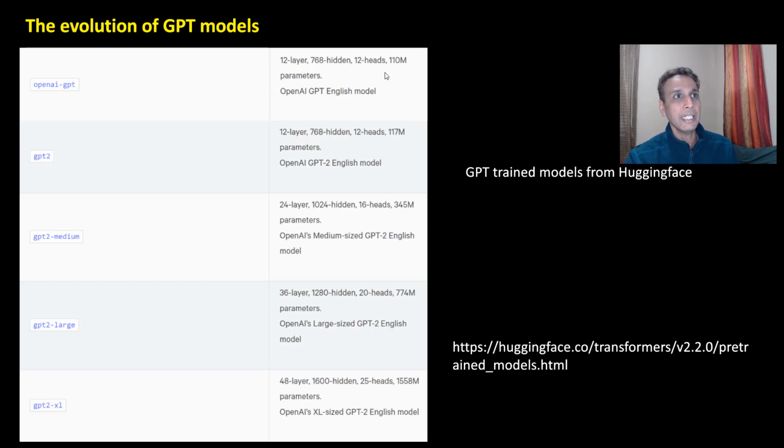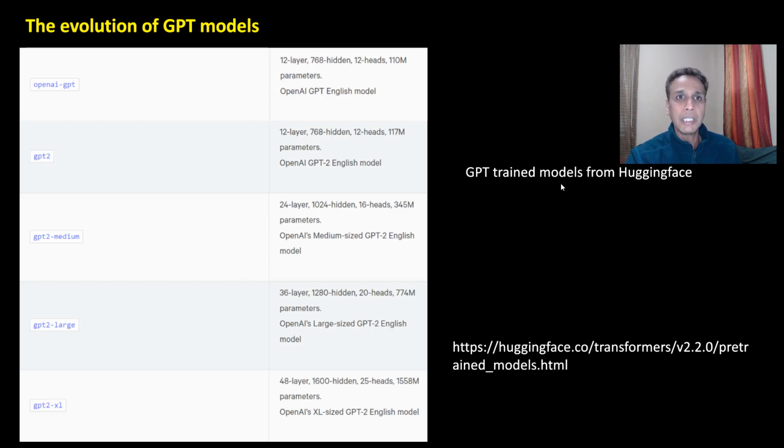The original GPT has 110 million parameters, and it still has, obviously, if you want to use it, so you can train it easily on Colab. That's not much. It's easy, and it's pretty small. It's 12 layers, 768 hidden, and 12 heads. I don't think they mentioned what they trained these models on, at least in this screenshot that I took from Hugging Face.